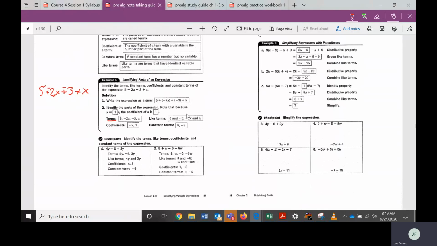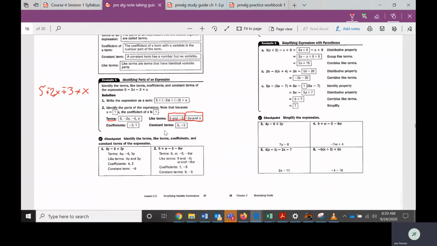So this is one set of like terms. The 5 and the negative 3 are also like terms because they are what we're going to look at in a second here, called constants. They don't have any variable parts, so they are like terms because they're both without variable parts.